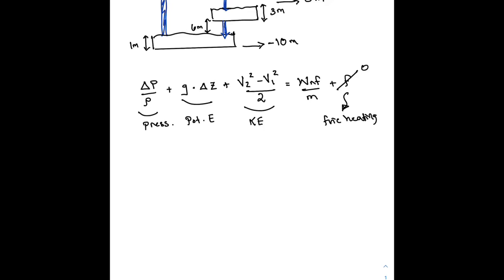It was stated that the pump is perfectly insulated and transfers no heat to the water, so there is no transfer of heat and no frictional heating factor due to the perfect insulation.